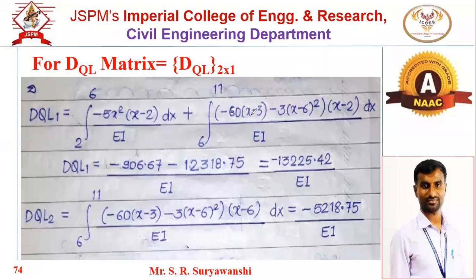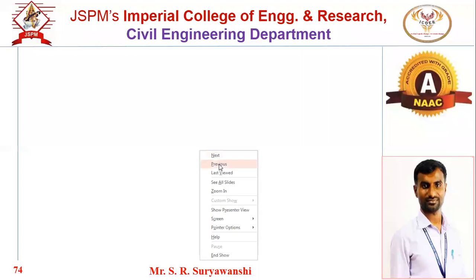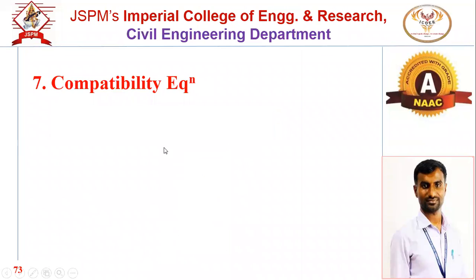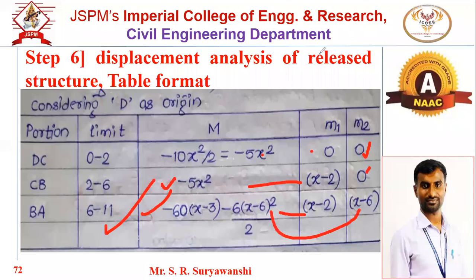If you refer to the table, this is the table. This into this will be 0. Okay. So for delta QL1, this into this integration 0, 2 to 6, plus this into this integration 6 to 11. This is for delta QL1. And for delta QL2, these two values are 0, which means only this term multiplied with this, and take the integration from 6 to 11.